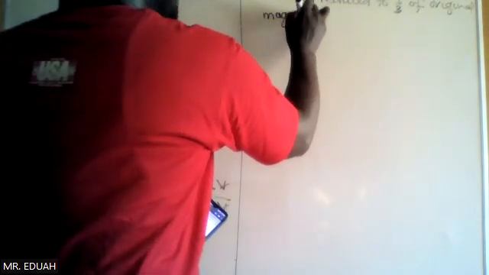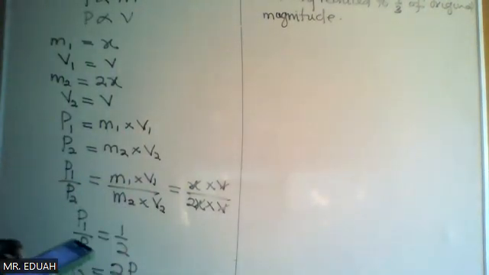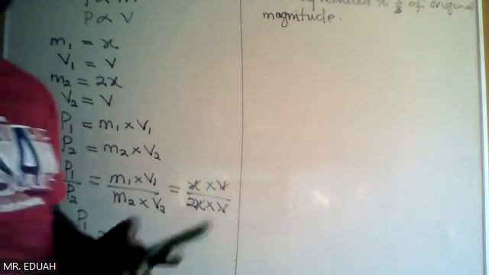So what is being reduced here? What is being reduced? So this time around, the change has to do with velocity.